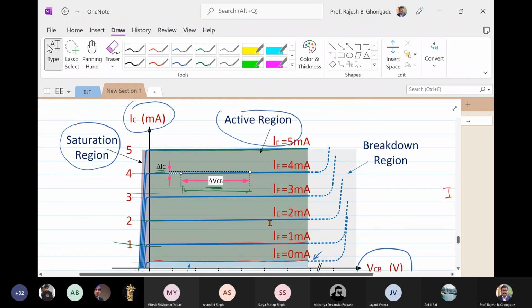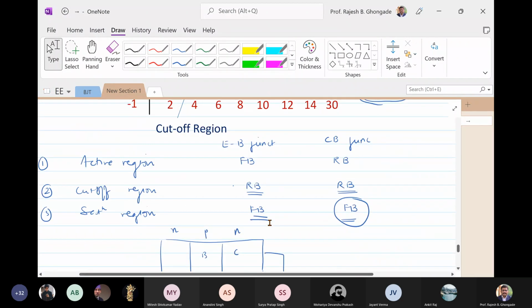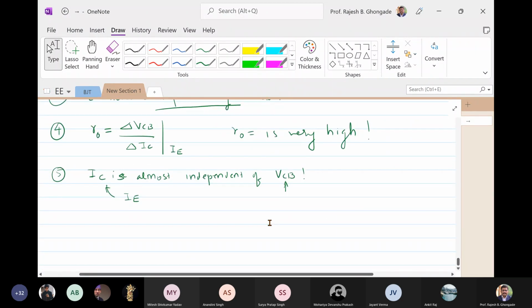At this point, I want to tell you one thing. If you remember the current sources, हमने current sources किया है ना? Yes sir. तो current source को I represent it like this, no? तो ये आउटपुट रेजिस्टेंस जो है करंट सोर्स का, वो आइडियली कितना होता है?